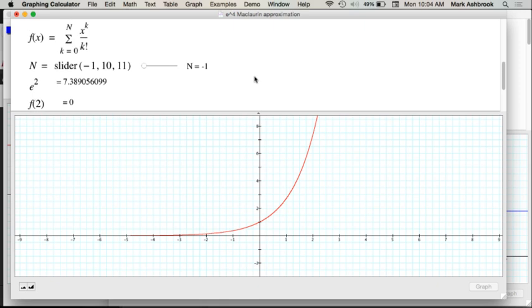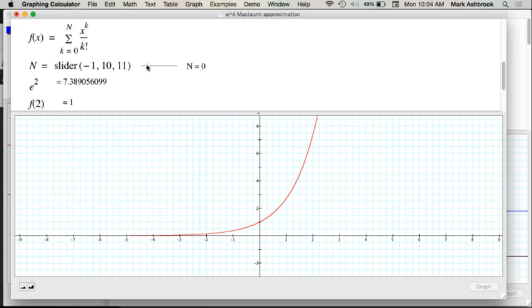So when n equals 0, what am I going to get? If I just take the first term, in this case when k equals 0, the first term of that Taylor series, what will you see? It's just going to be a horizontal line at y equals 1.